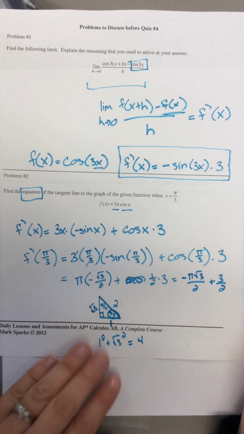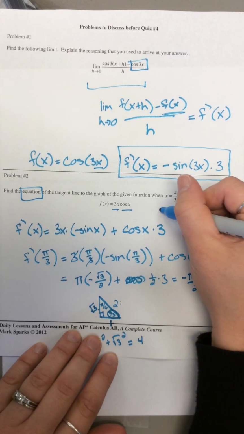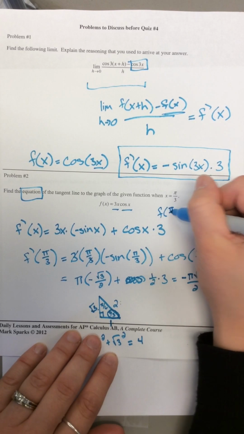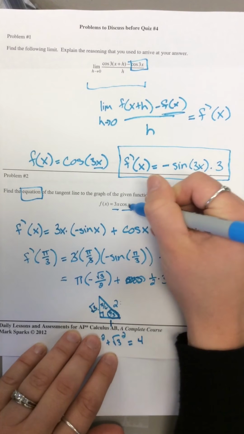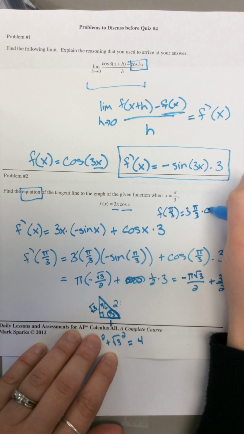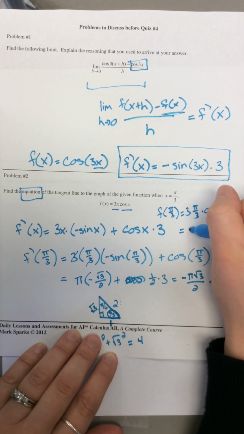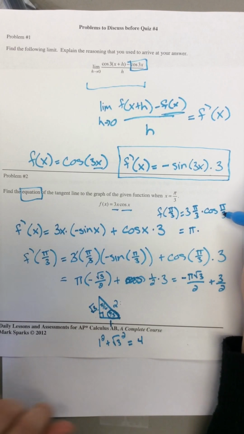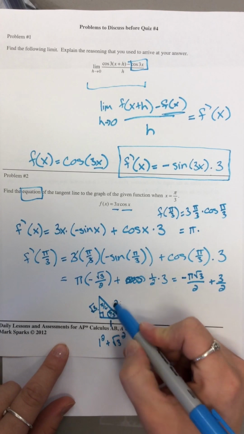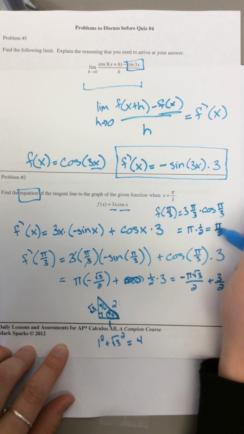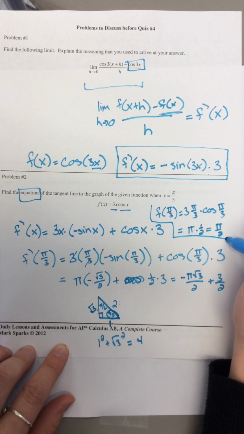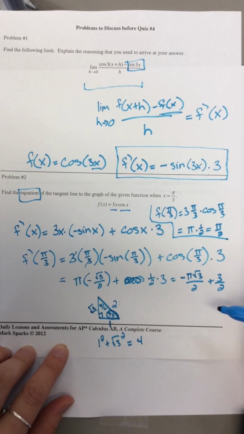This is my slope. In order to find the point, I'm going to go back up to f of pi over 3. So I'm going to say 3 pi over 3, I'm using this equation, cosine of pi over 3. So I get pi times cosine of pi over 3. Cosine will be adjacent over hypotenuse. So f of pi over 3 is pi over 2.